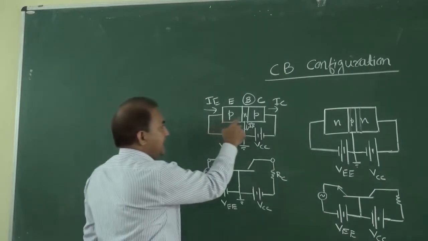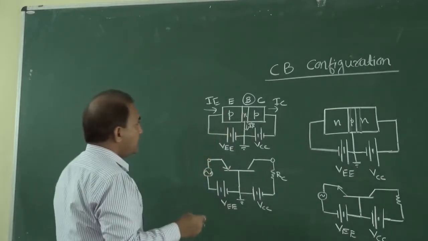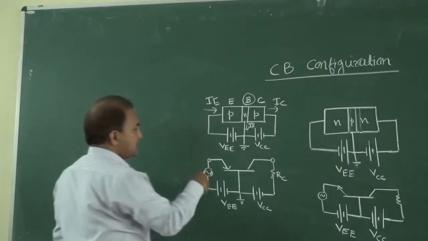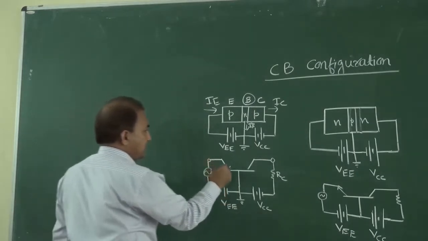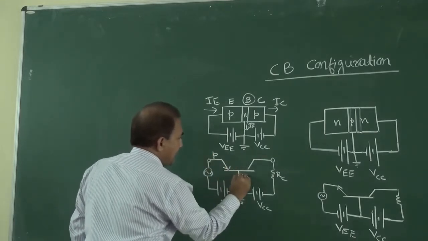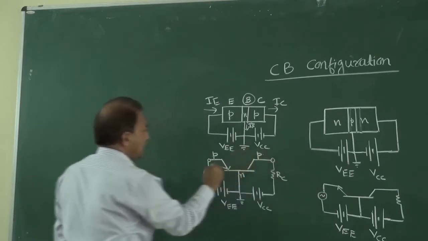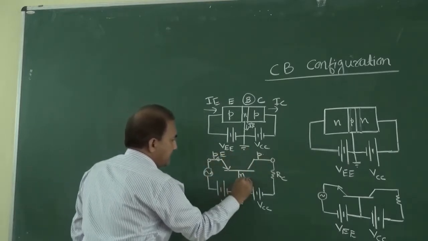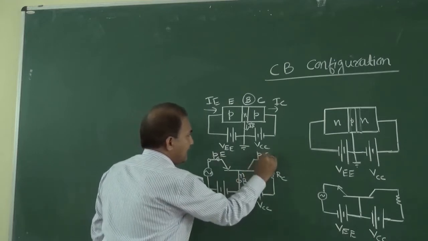And this is a PNP transistor in common base configuration. So this is the circuit diagram. This is P, N, and P, and this is the emitter, base, and collector.